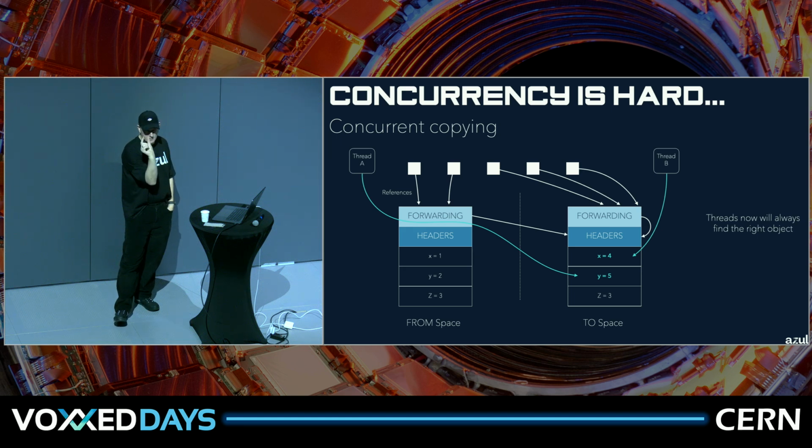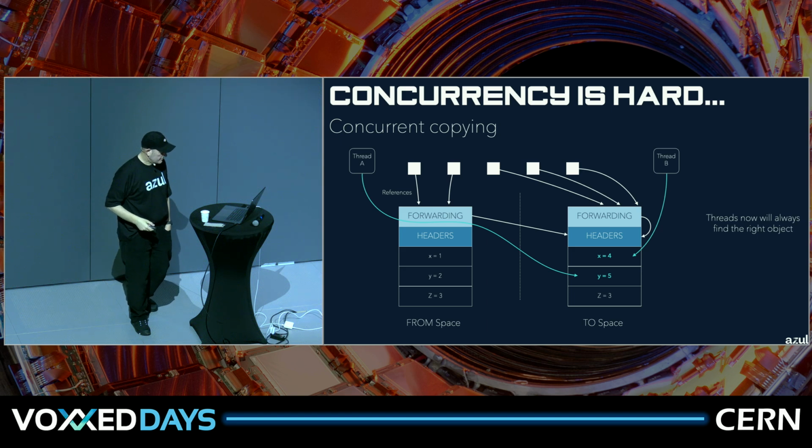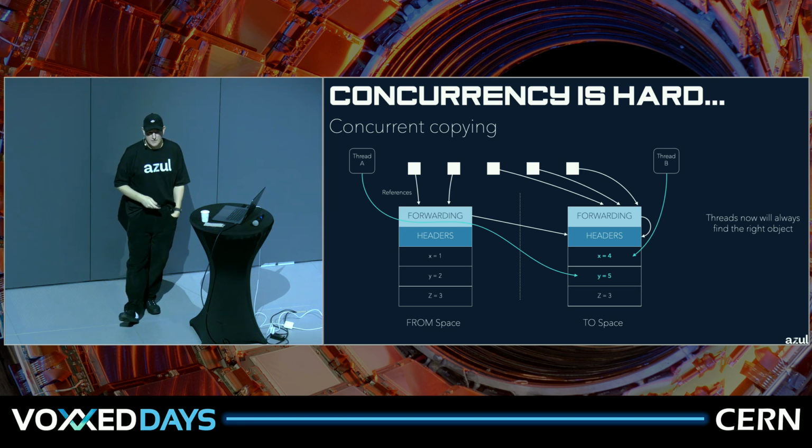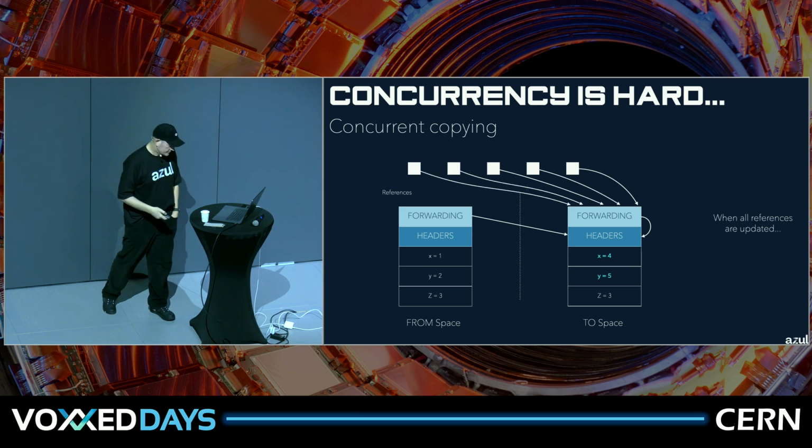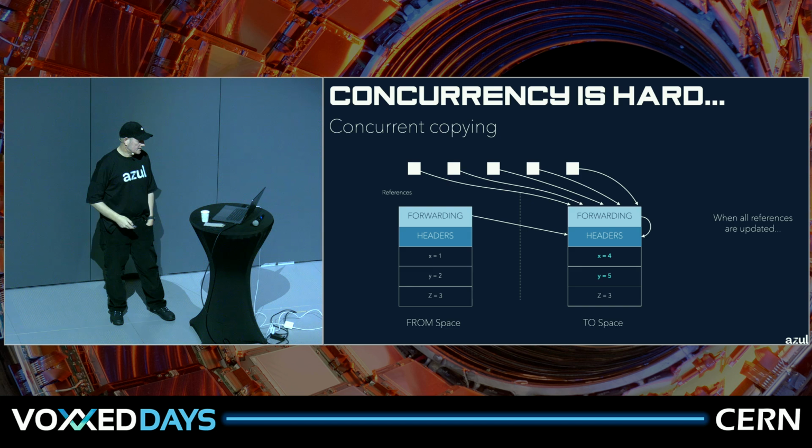Because of this atomic operation of just moving the one forwarding reference pointer to the new header, that makes it all work. And it's used, for example, in the Shenandoah collector. They use the Brooks pointer to do this kind of thing. Okay, and then we update, and once we are done, there's another thing you have to keep in mind.